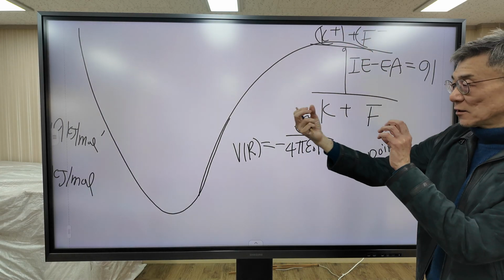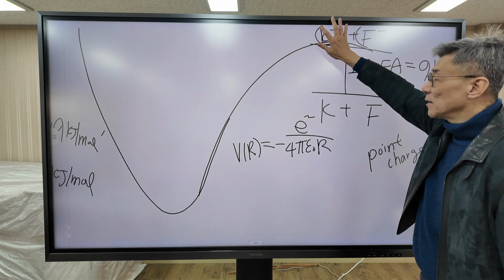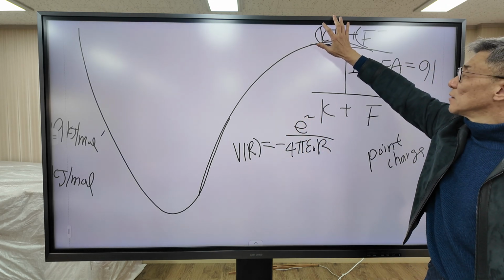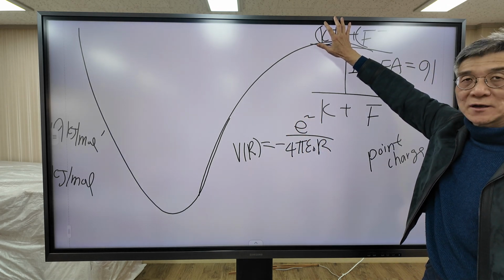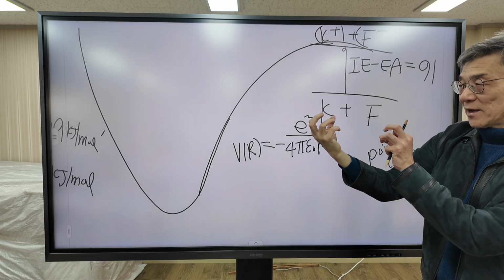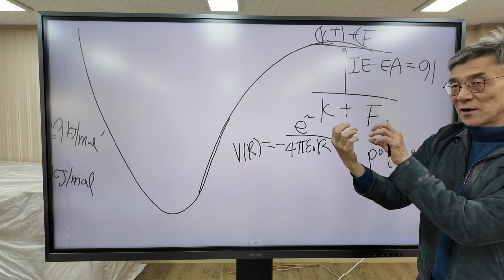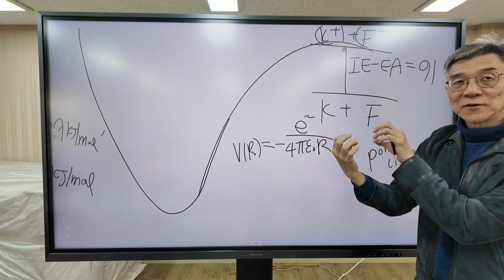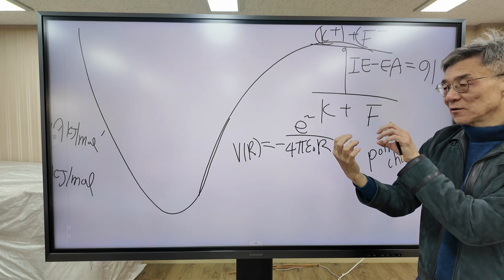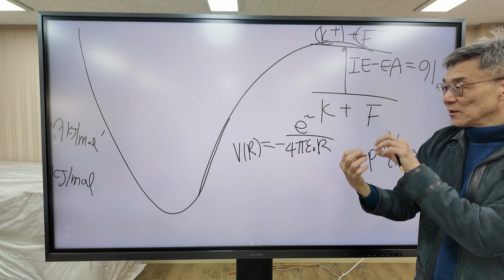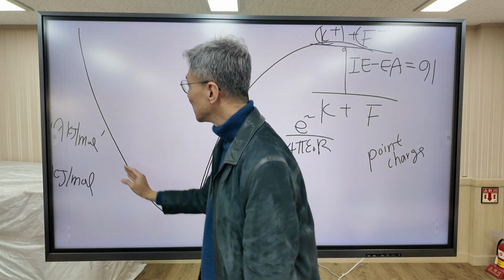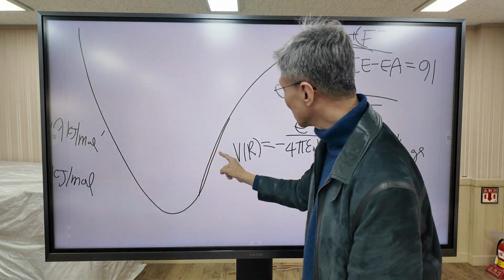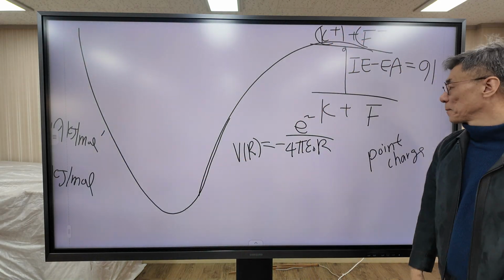But when they are close enough, actually, they are not point charges. The electron clouds are surrounded by a nucleus. So when they are close, the electron clouds are distorted and collide with each other. So the electron clouds repel each other, and the potential energy increases rapidly. So this is the potential curve for the ion pair.